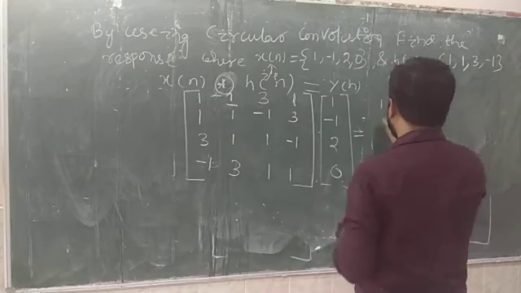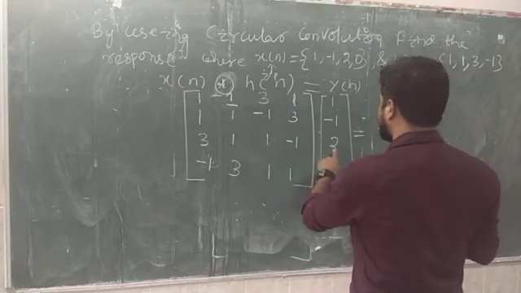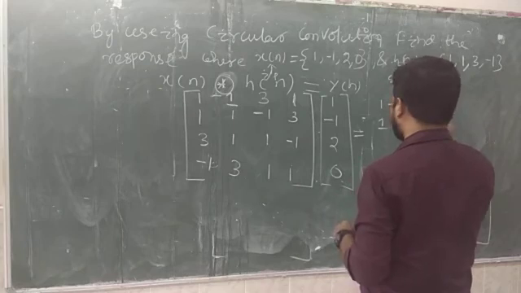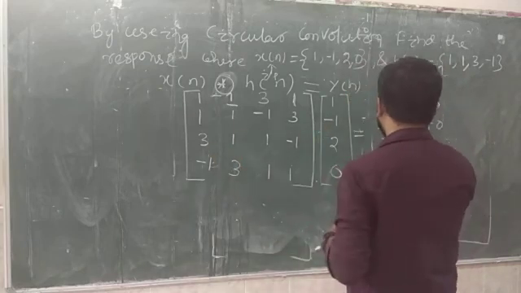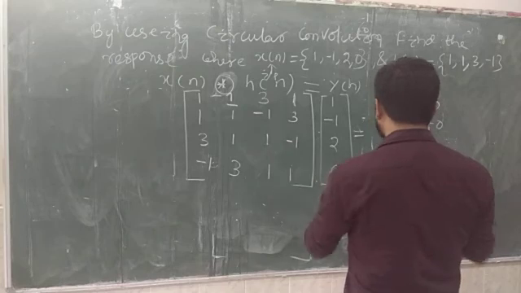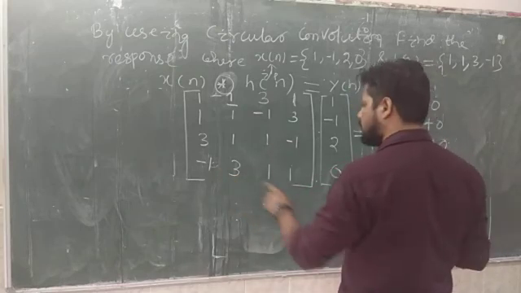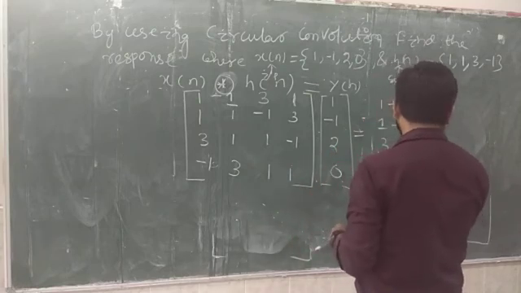Then -1 into 1 is -1, 3 into -1 is -3, 1 into 2 is plus 2, 1 into 0 is 0.